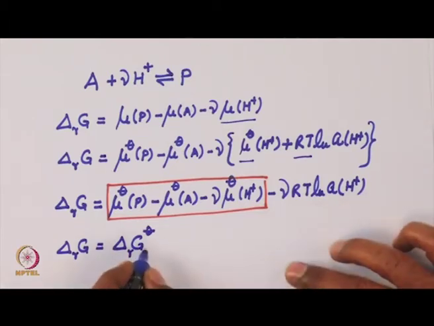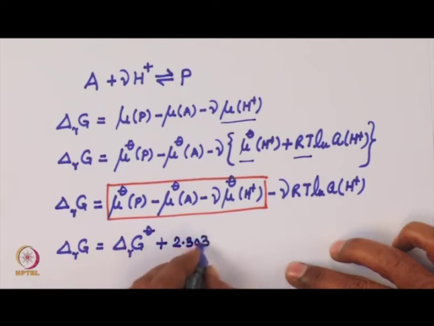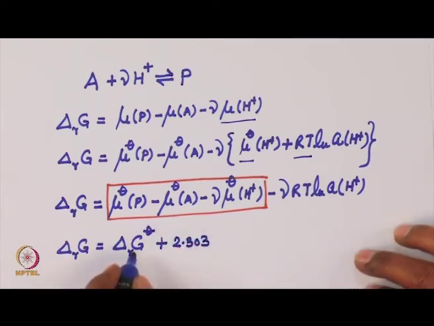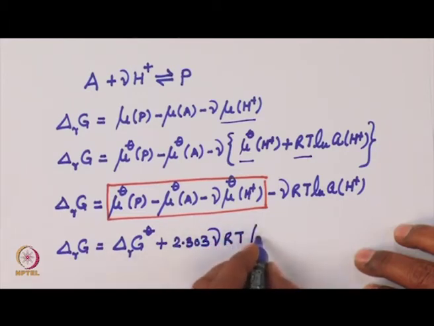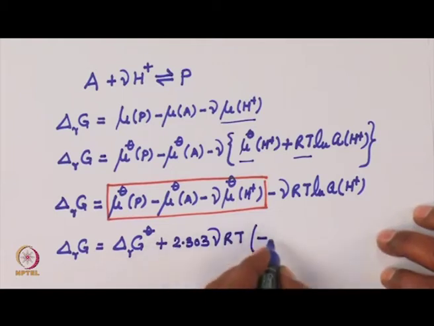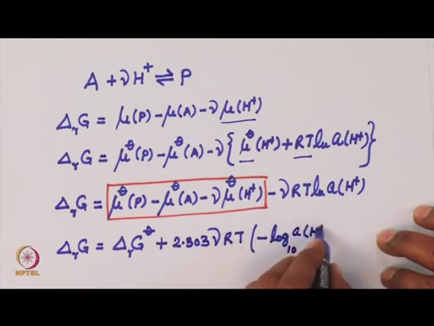Let us write like this, plus 2.303 nu RT into minus log base 10 activity of hydrogen ion.